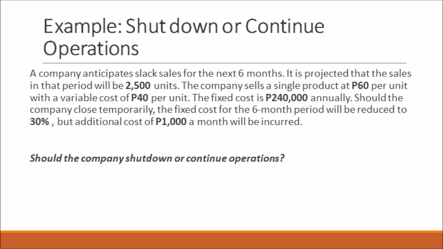Now, let's move on to the computation. Recall that for the shutdown decision, we need to compute the shutdown point in units and compare it with the demand in order to make a decision. So with that, let's compute first the shutdown cost.